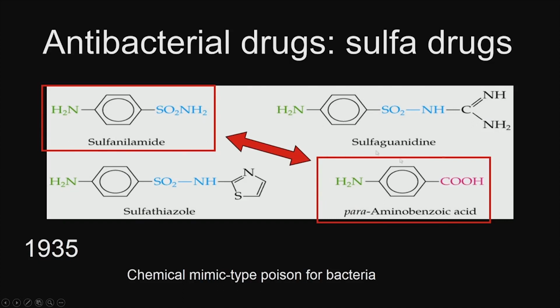So different types: sulfaguanidine, sulfathiazole. This is called a thiazole structure. A 5-membered ring with nitrogen and sulfur is called a thiazole structure because thio means sulfur, azole is nitrogen. When you have thiazole, it means it is a 5-membered ring where nitrogen and sulfur are present.